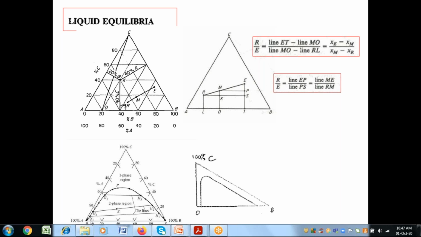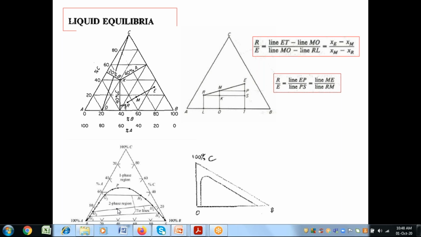But if you are looking at this curve, and here if you take one point, your mixture point after addition of the C and A and B, if the mixture point is falling here with this much of C and this much of A, this much of B, then it will be having heterogeneous nature. What do you mean by heterogeneous nature? After some time, the mixture will be settling into two different layers.